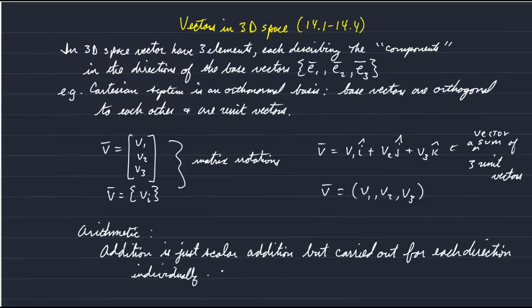In other words, vector v plus u, we could write in matrix form as having the ith component being the sum of the ith component of each. Equivalently in matrix form, that's v1 plus u1, v2 plus u2, and v3 plus u3. So again, each component is summed individually.